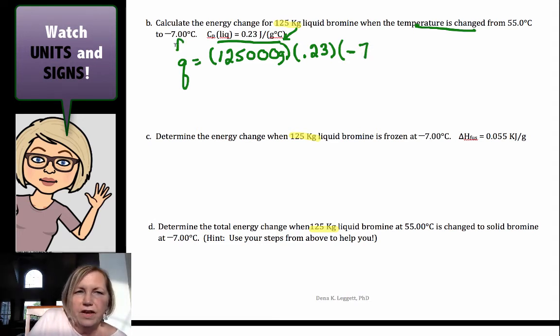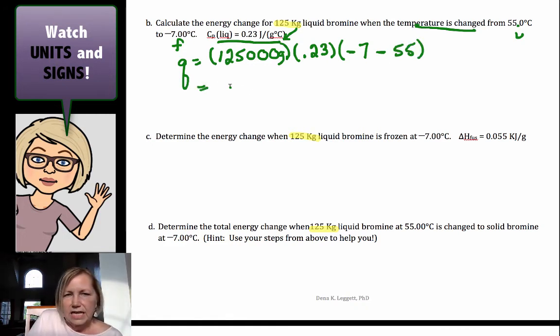It's always your final minus your initial. So minus 7 minus 55. I'm going to keep a few sig figs till the very end, but technically I'll go ahead and round it. 1.78 times 10 to the 6 joules.